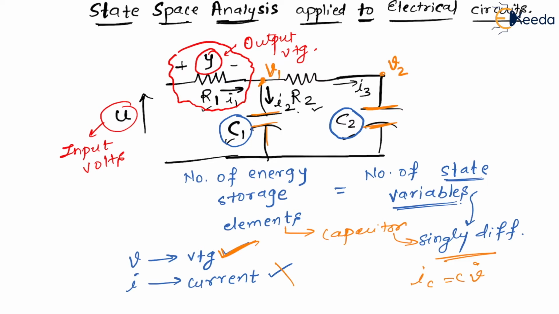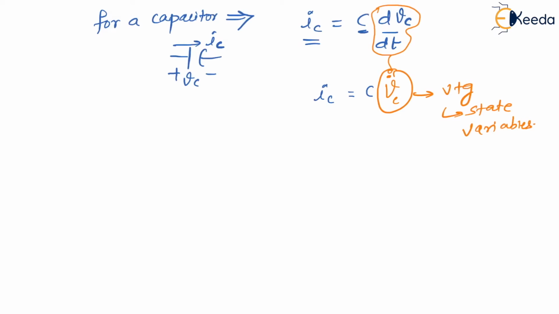That is only possible because of V dot, so V has to be the state variable. So now, let us apply KCL.